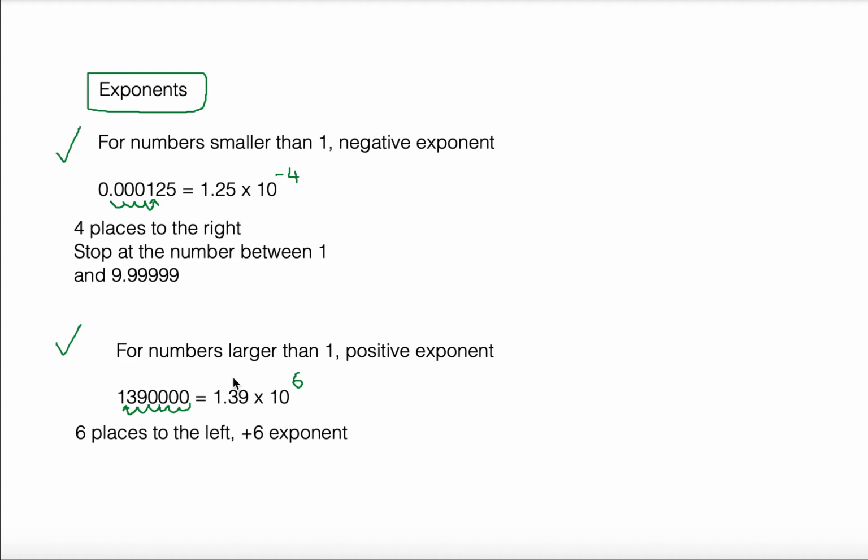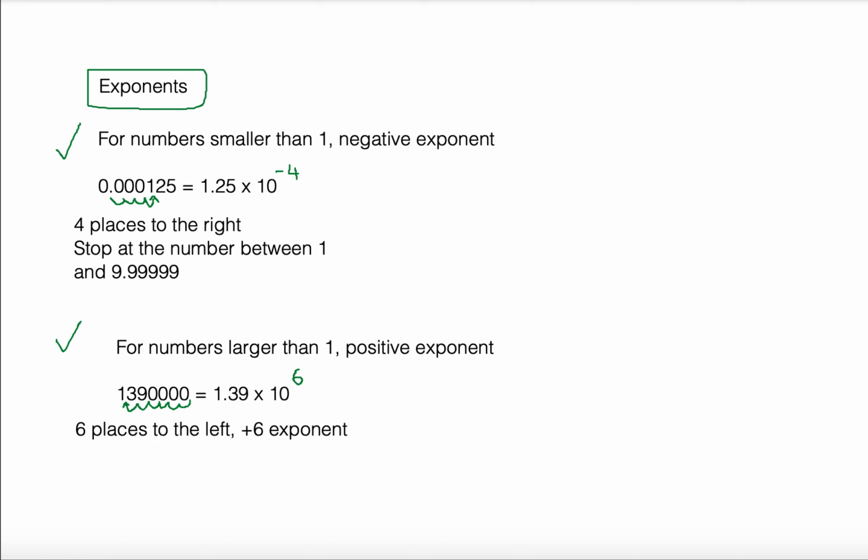Okay, now let's move on to large numbers, larger than 1, especially the ones with so many zeros that you don't want to write them all. You can drop them. You start all the way to the right. If you don't see a decimal point, you start all the way to the right, where the whole numbers are. So you go to the left, 1, 2, 3, 4, 5, 6.